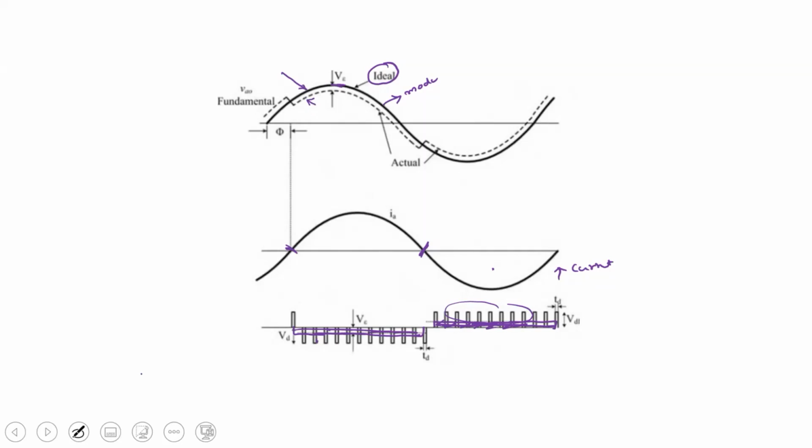We are superimposing the original waveform and this square wave, one minus two, and we get this actual waveform. Clear?